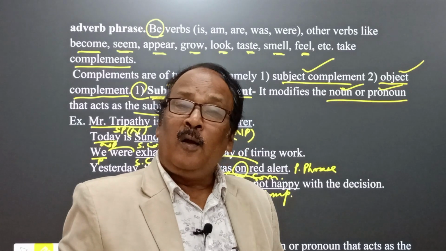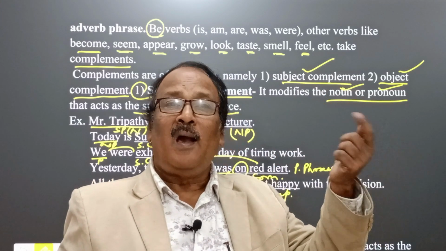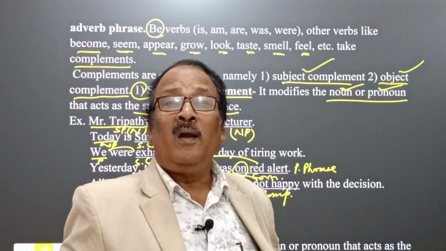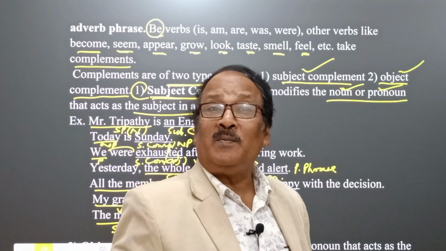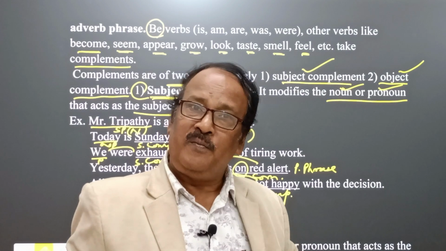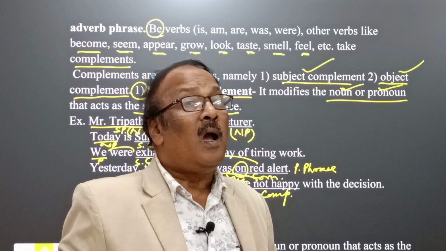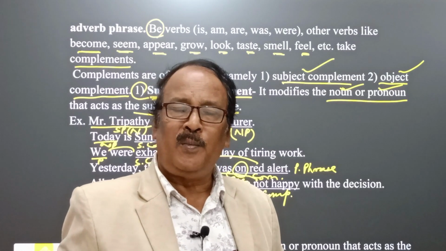Once again, there are two types of complement. One is subject complement, another is object complement. Complements usually remain in the last part of the sentence, and they refer to the subject or object. Whenever they refer to the subject, they are called subject complement.